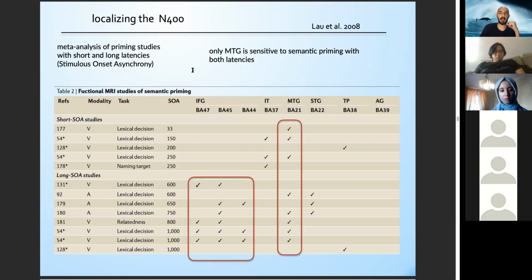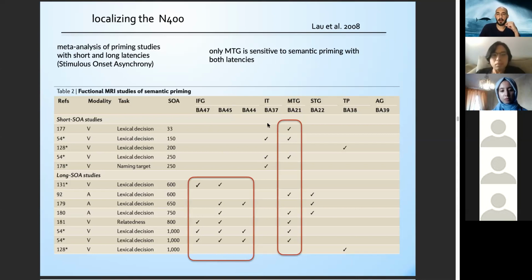So the question is, which one is the area that is sensitive to both short latency and long latency? And she noticed that, if you look at the inferior frontal gyrus, it actually likes long SOA.